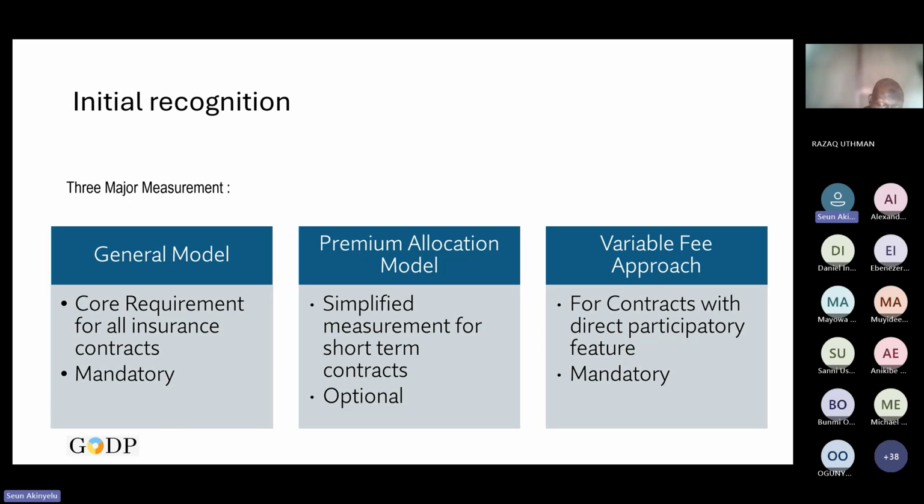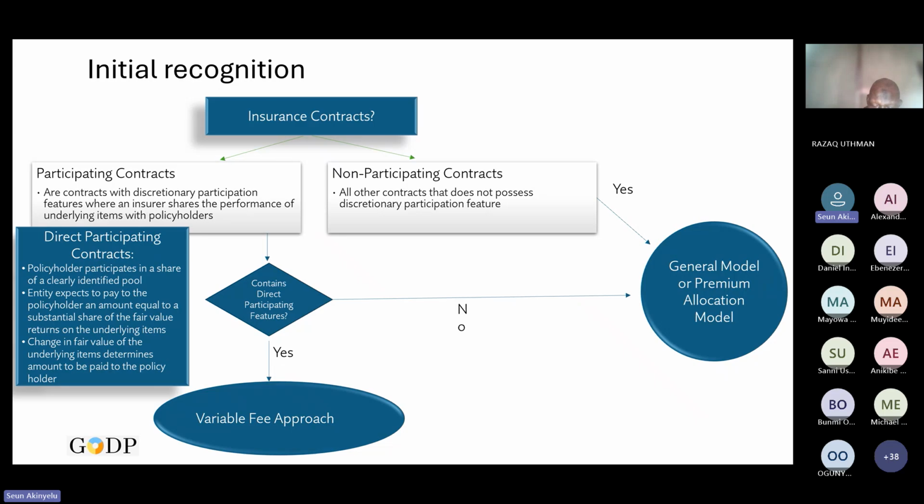The major different thing with IFRS 17 is the core requirement or the general model, which is what we should use. Remember, I have explained just now that at initial recognition, in a situation where that particular contract has direct participatory features, then you will be using the variable fee approach.